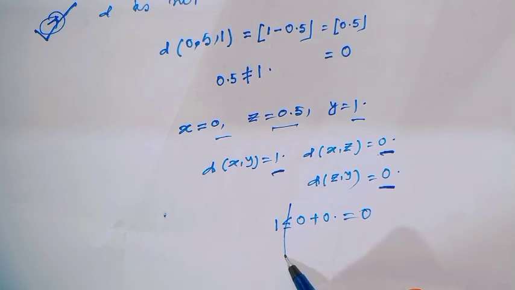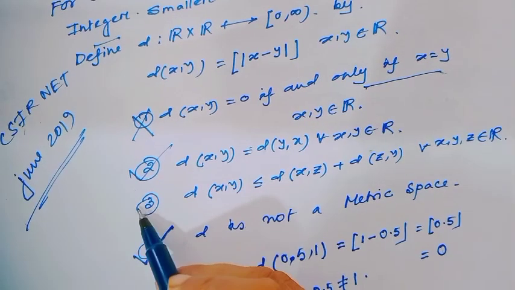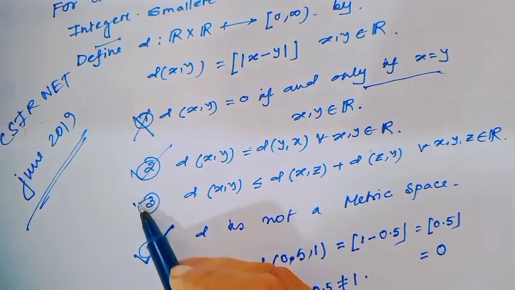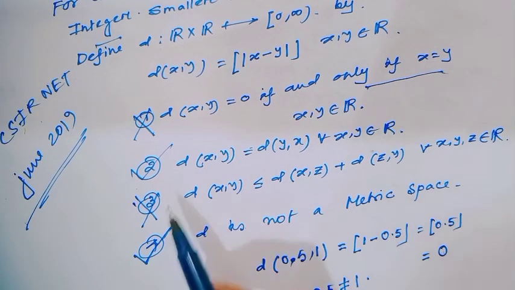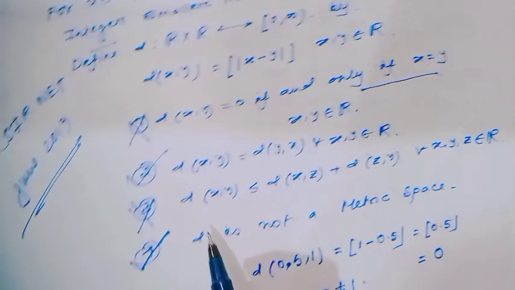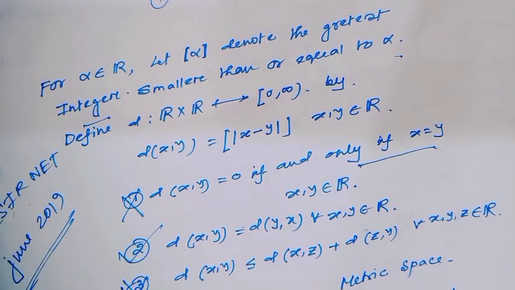This is not possible. So the triangle inequality is also broken here. That means this is also a wrong option. That means option 2 and option 4 are right. Are you getting how we have to find a metric space?